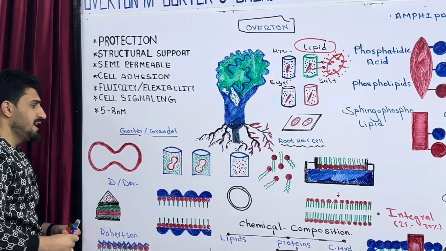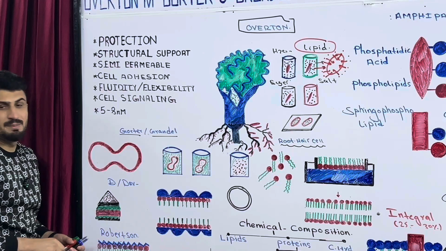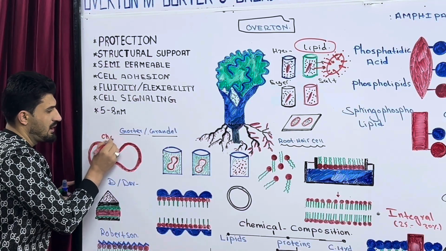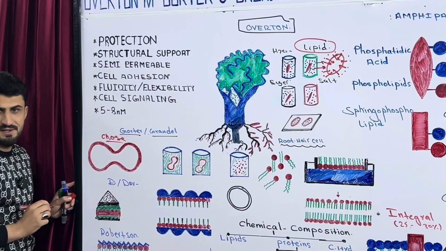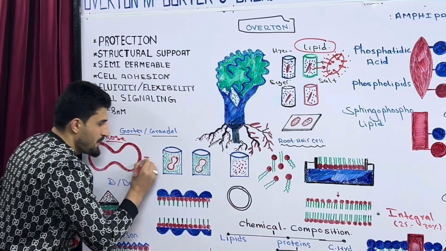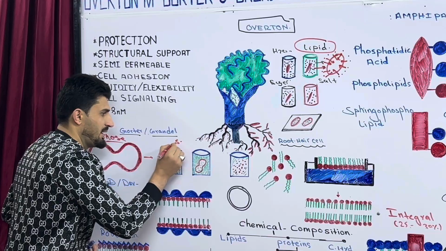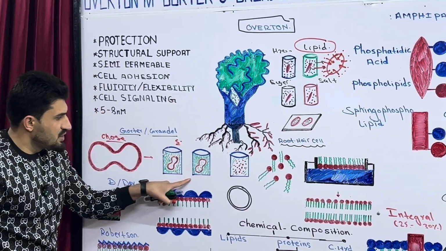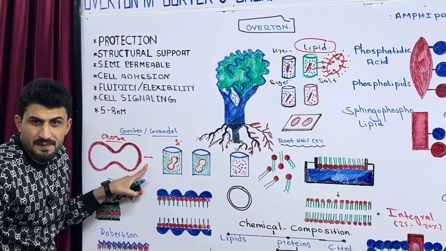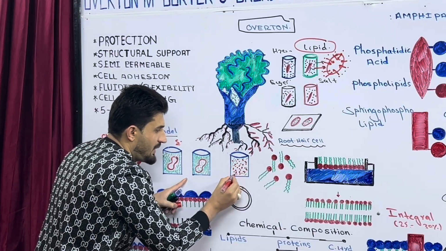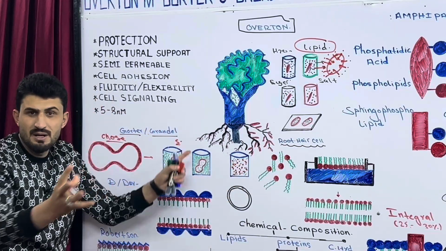Okay, so they did some experiment. They chose an RBC. They put this RBC in a solution or in a medium to destroy this RBC. So they destroyed the RBC and divided it into different parts.